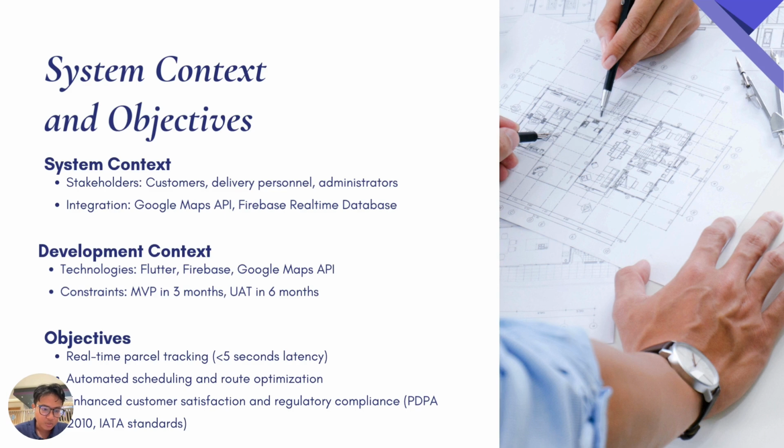And for the development context, we are using Flutter, Firebase, and the Google Maps API. And as for the constraints, we currently need to have the MVP in 3 months and UAT in 6 months.